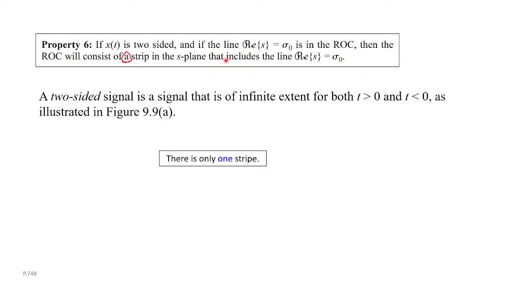And it's one strip, and if there is a point, then your strip will contain that point. Kind of obvious. But the real thing this property wants to say is that for a general function, your ROC is going to be only one strip.